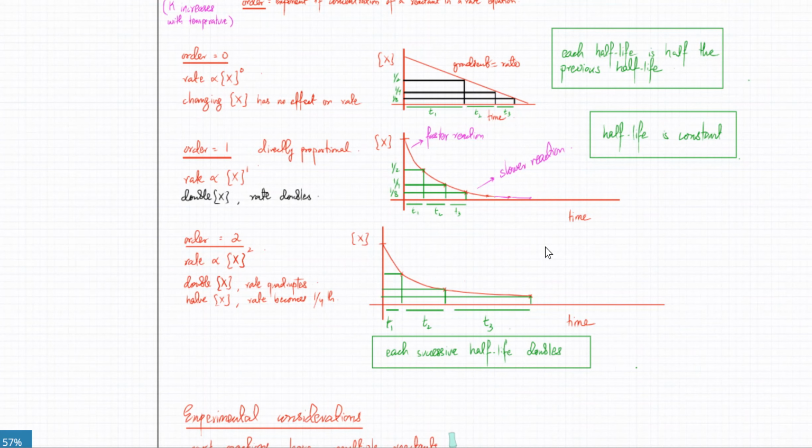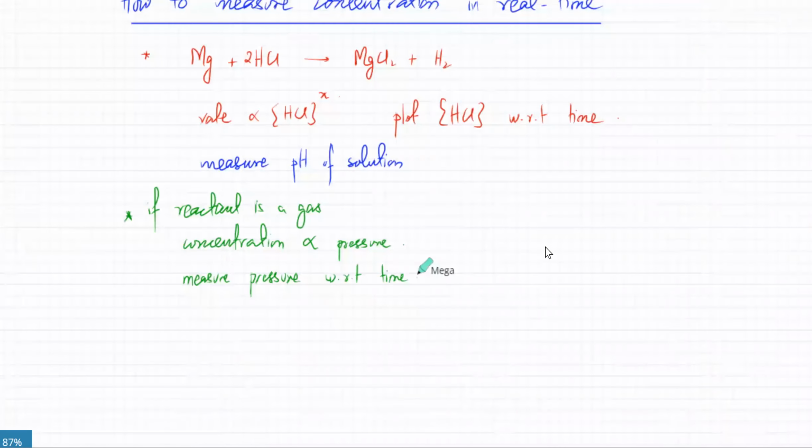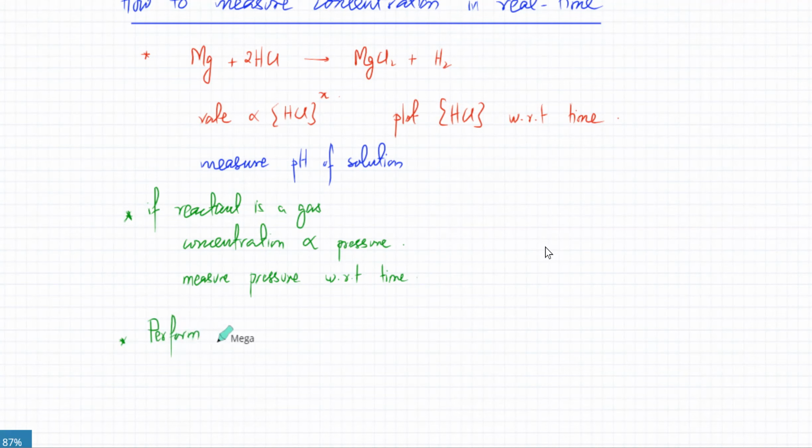And if things get way too complicated, like you can't measure the pH, you can't measure the pressure because the reaction is not a gas, you can do titration. You can perform multiple titrations. Now that's a very difficult thing to do in real time.